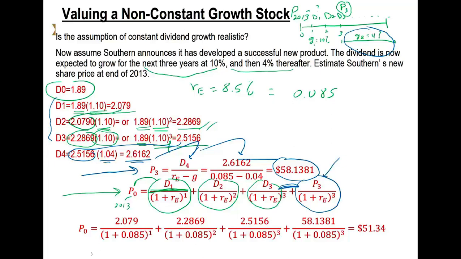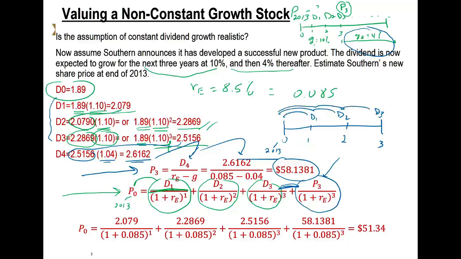If this doesn't make much sense, think of the following. If you were to sell the stock at the end of year 3, what would you receive? Let me rewrite it here. This is 2013, remember? So by the end of year 3 you would have received D sub 1, D sub 2, and D sub 3. So for you, this stock is worth the present value of D1, D2, and D3.